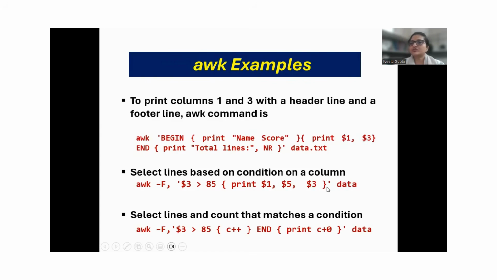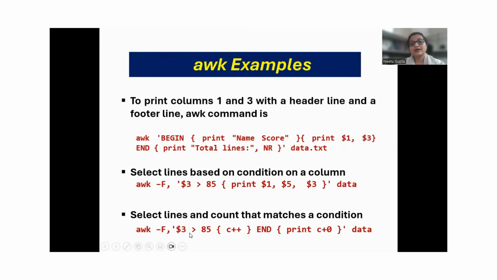Here I'm not using begin or end. It is only the simple body block, but it contains a condition. If this condition is satisfied for a line, then only print column number 5, followed by column number 1, then 3 from the file data. So we can use conditions also like this, to select lines based on condition.